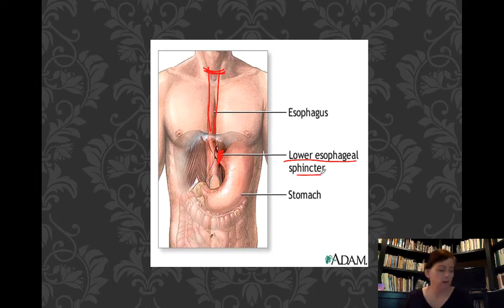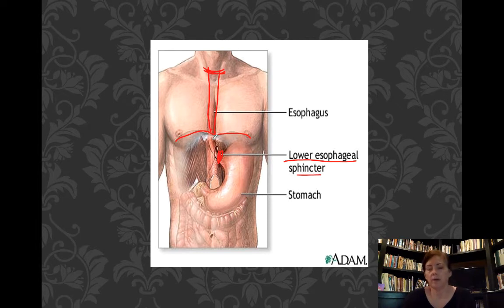It's also called the cardiac sphincter, and it's also called the gastroesophageal sphincter. So you gotta love it when anatomists give multiple names to the same structure, but they're all the same thing. They just have a couple different names. I do also want to point out, you can see in this image the diaphragm, and the esophagus does pierce through the diaphragm, just like several other structures do, like the aorta.